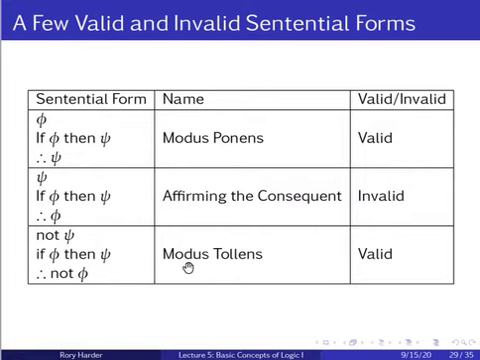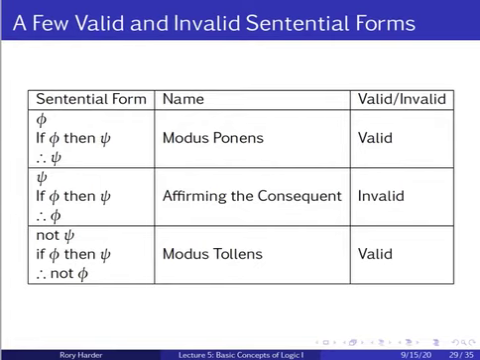And finally, here's another example of a valid argument, which is called modus tollens. So if we have the same conditional, if phi then psi, but we deny the consequent, so we say if phi then psi, not psi, therefore not phi. So if we deny the consequent, we can infer the denial of the antecedent.